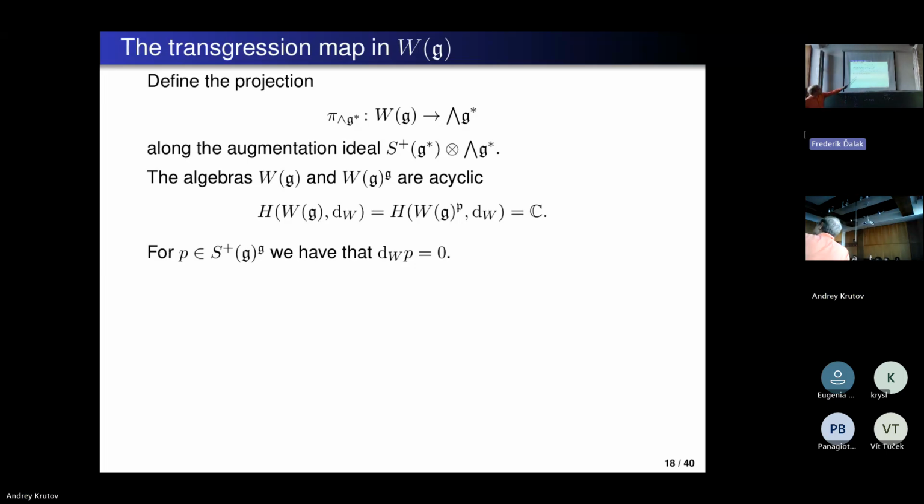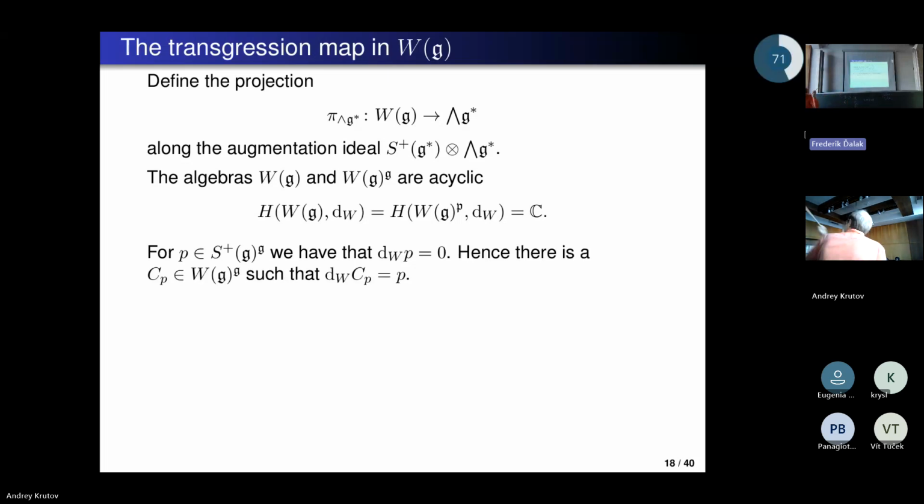So that means that if we take some element of the kernel of the differential, for example this one, we know that it's invariant. Because this algebra is acyclic, we have a corresponding chain for this element. Also, it is in the image of the differential, and because the differential is equivariant, we can choose an invariant chain such that this holds.